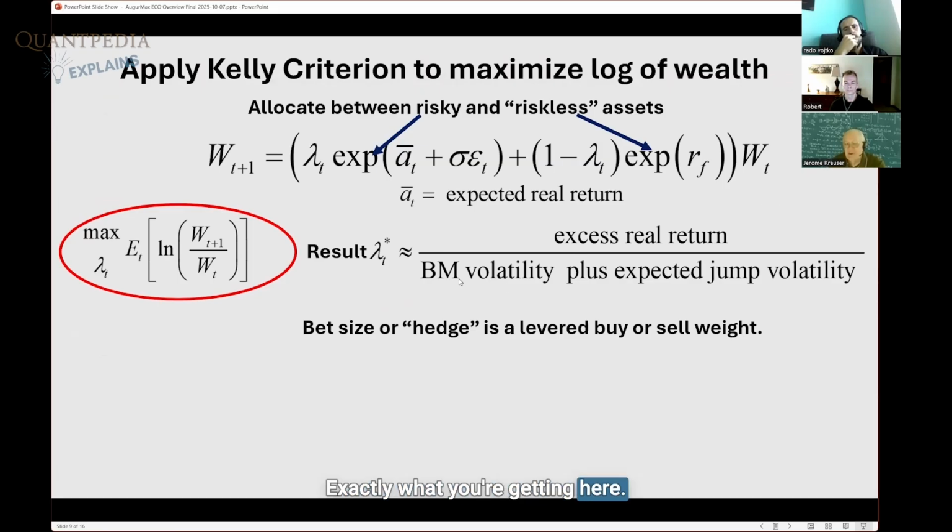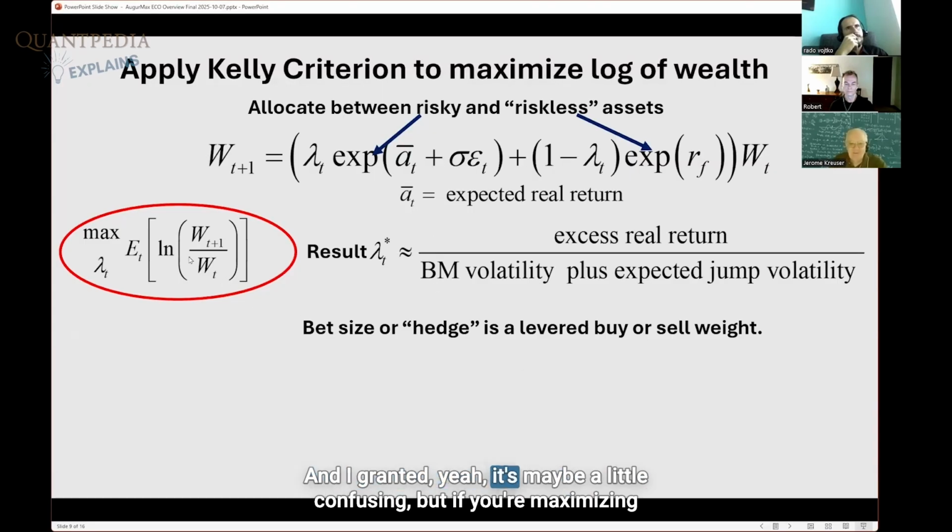It's excess real return divided by the risk: Brownian motion volatility plus expected jump volatility. The result actually does take the risk into consideration.